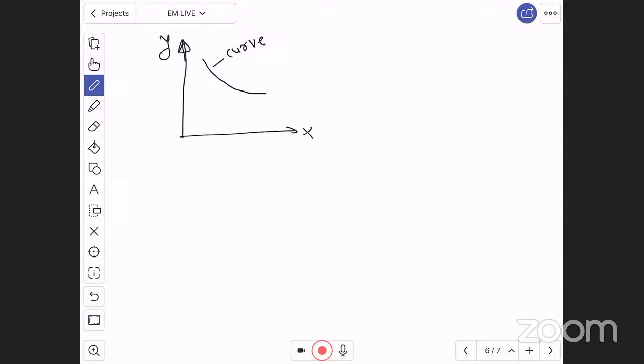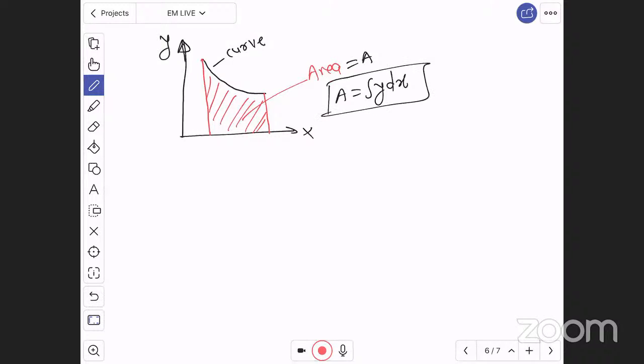This area needs to be calculated. This area under the curve is given by A. Area under the curve is A is equal to integration of y dx. This is a method to find area under the curve.